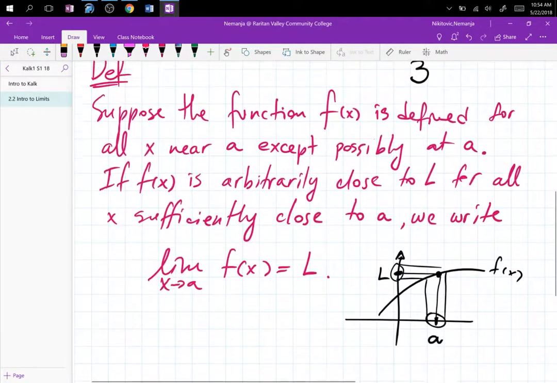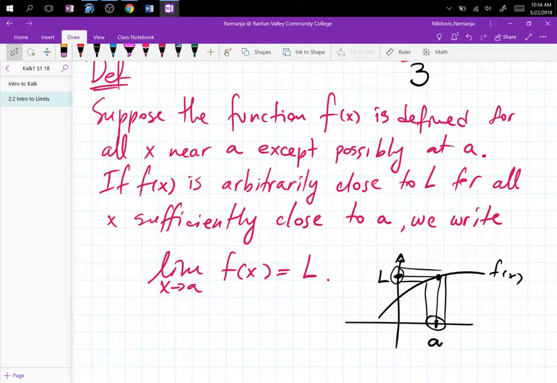So that's that part. And also, you might be confused with the statement except possibly at A. So suppose the function f of x is defined for all x near A. A is the value on the x-axis, right? That was our 1 in the first example. And then it says except possibly at A. Now, what would that mean?